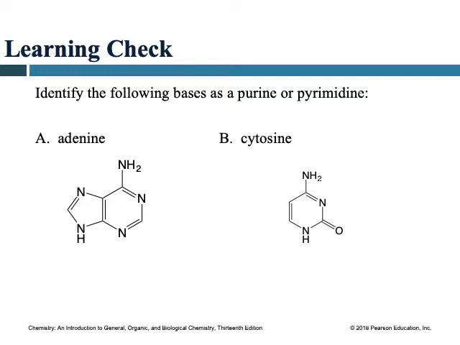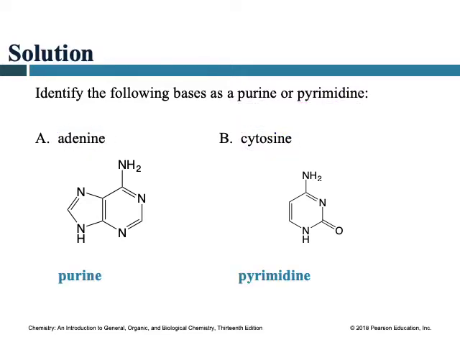Right. So identify the following bases as purines or pyrimidines. If you have adenine, does it belong to purine or pyrimidine? So you have to see. And then for cytosine, whether it's a purine or pyrimidine. So if you can see, adenine belongs to the purines. Why?